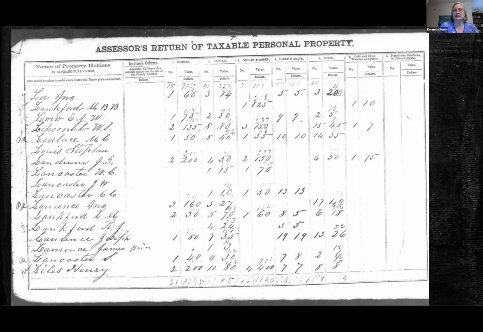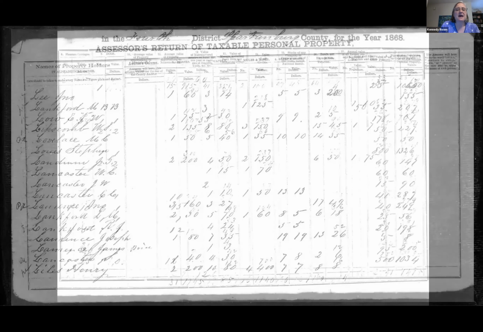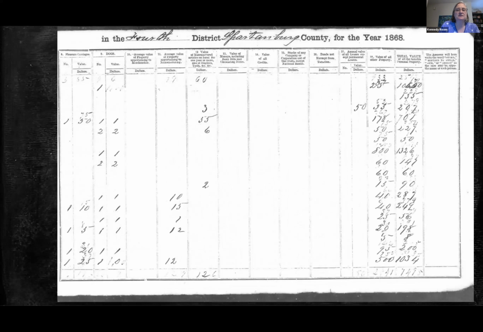But you may find that in a larger place, there are going to be more pages of people to look at. And again, a few of these people did have gold and silver watches and plate. So you never know. You don't know what the person might have until you take a look at the records. On that second page, it continues down that a number have manufacturing and manufactured articles on hand.